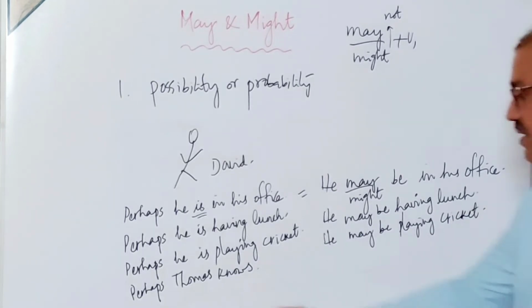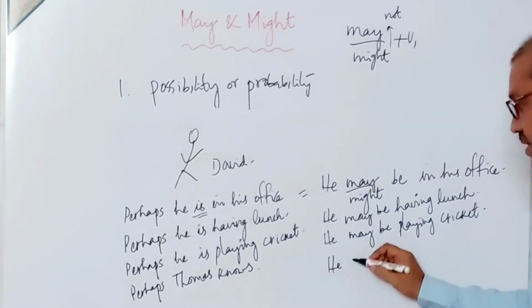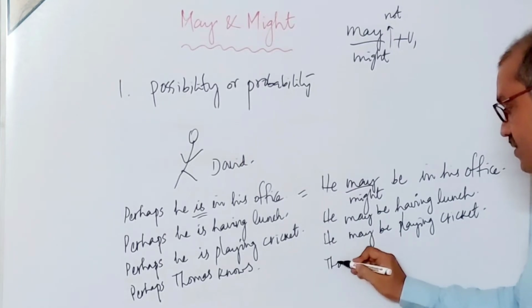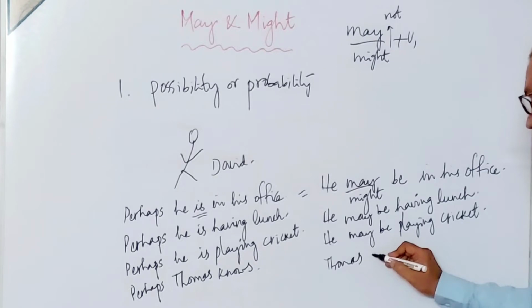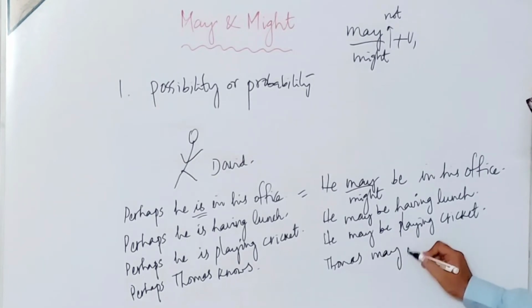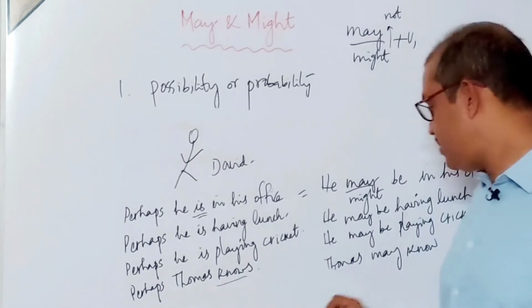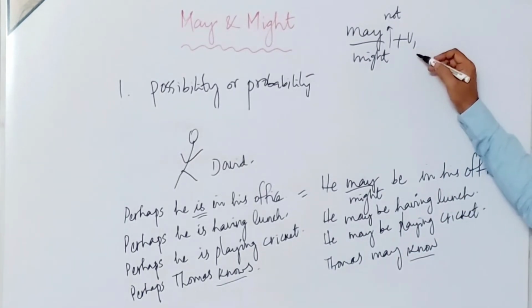The last one, perhaps Thomas knows. Or instead of that statement, you can say Thomas may know. Here, know is V1 form. That's why we have to use know according to the structure. Okay?